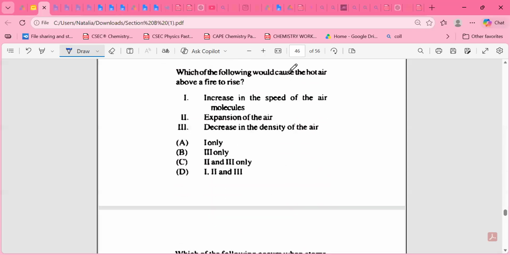Which of the following would cause the hot air balloon from the fire to rise? The hot air above the fire rises. Would it be 3 or 1 and 2?